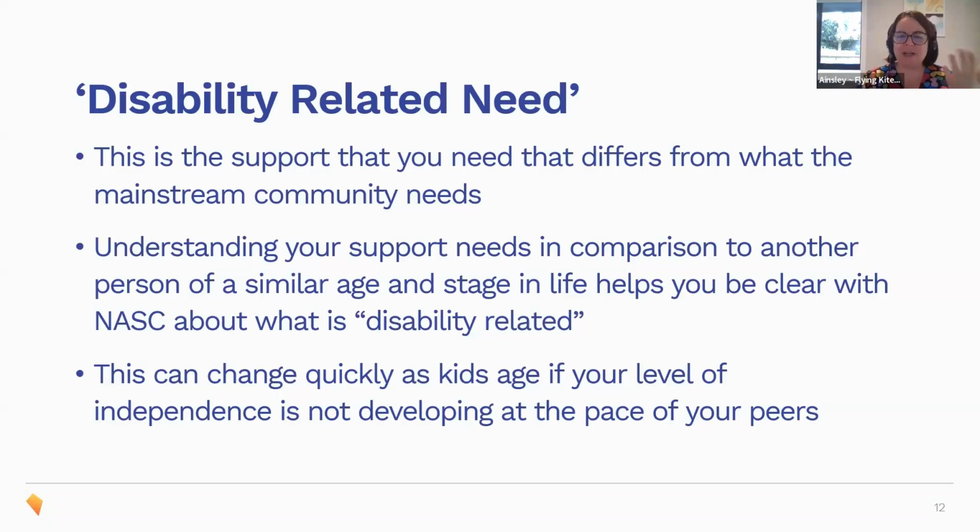And so how much help a 5-year-old needs and how much help an 8-year-old needs are quite significantly different when it comes to being able to shower independently, get dressed independently, brush their hair, make their snacks, all those kinds of daily life activities. And so being that you only get a full needs assessment often every 5 years, that's a huge period of time for needs to change when you're comparing them to other children in the community.